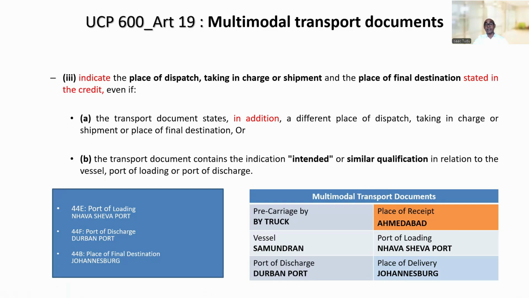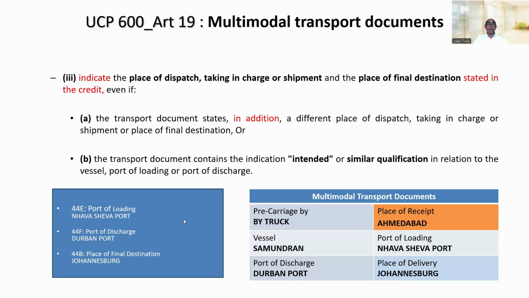If the word "intended" is there, then it will be a case of discrepancies, unless the multimodal transport document indicates the place of initiation and final destination of the journey. The term "intended" does not fulfill this requirement. So merely mentioning the word "intended" or similar words will not serve the purpose of the LC requirement.